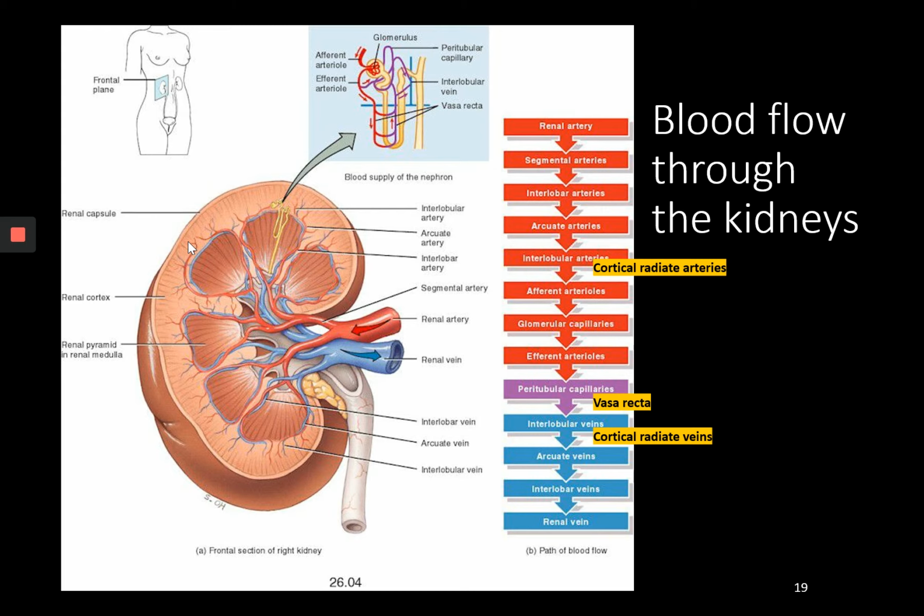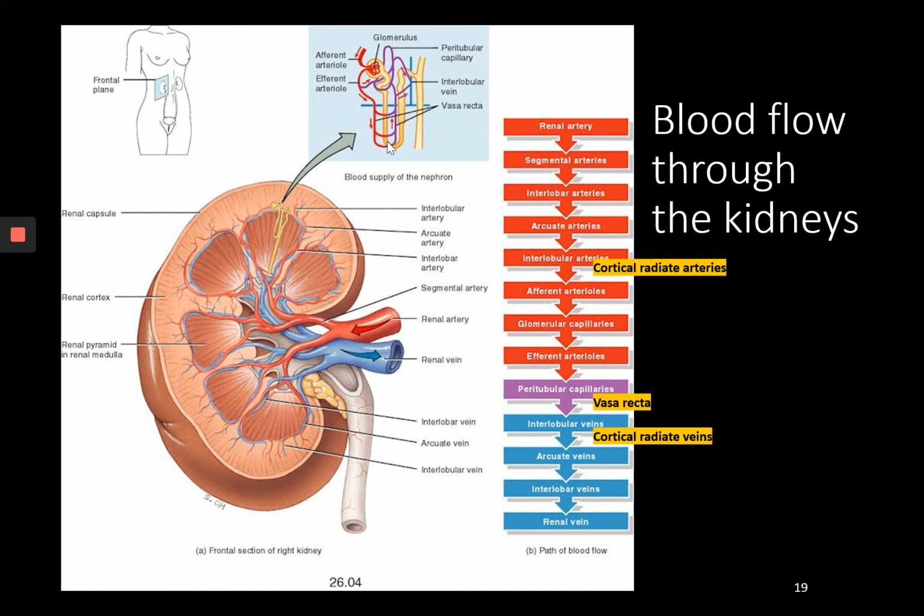Now, from the cortical radiate artery, we have another branch that produces the afferent arteriole. The afferent arteriole leads to the glomerulus. The glomerulus is drained by the efferent arteriole, and the efferent arteriole then drains into either the paratubular capillaries or vasa recta, depending on the type of nephron we're looking at.